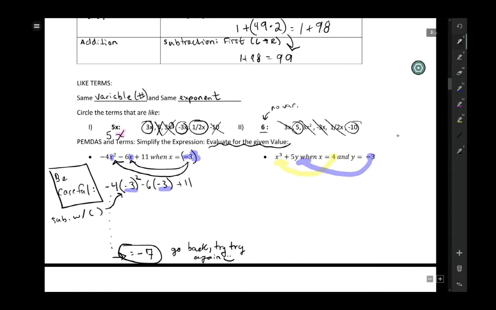So x to the third means 4 to the third plus 5 to the negative third. Okay, and again, you can shake and bake that. What do you get here? Let me do it on my own real quick.